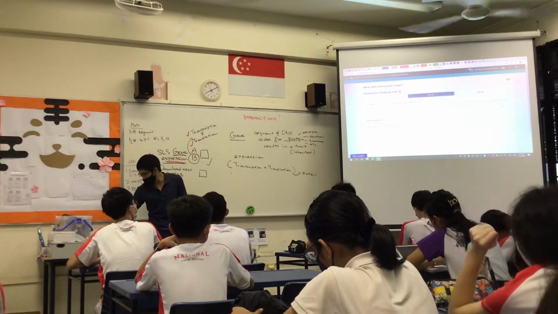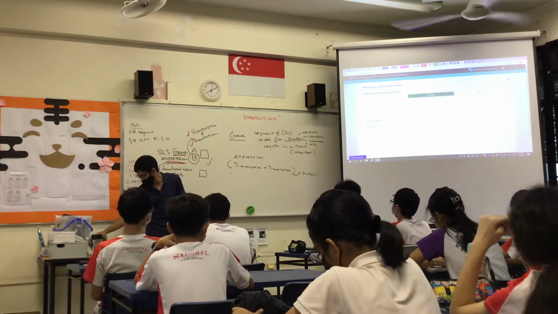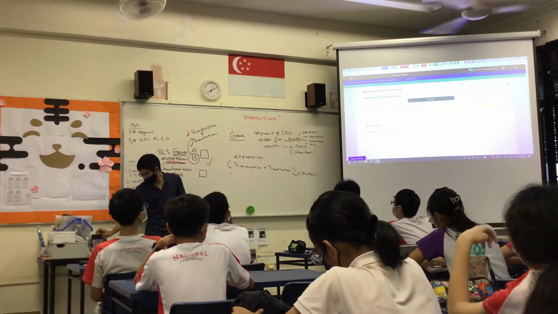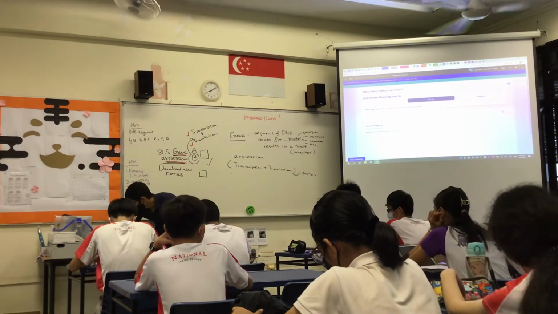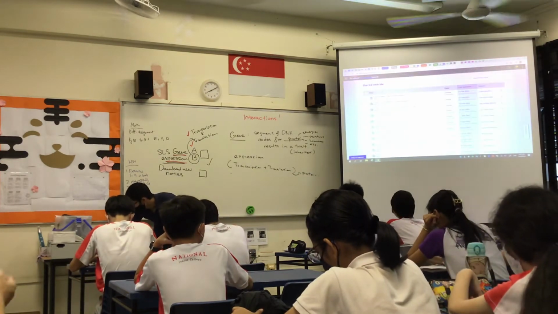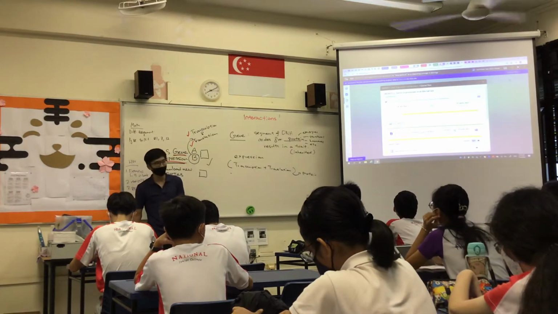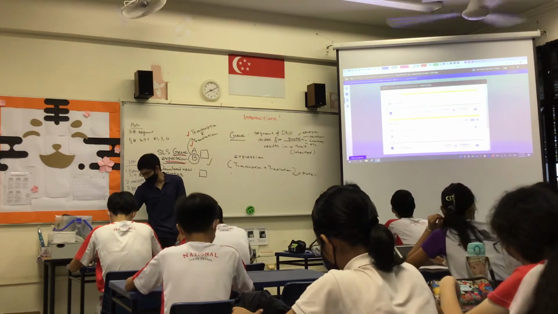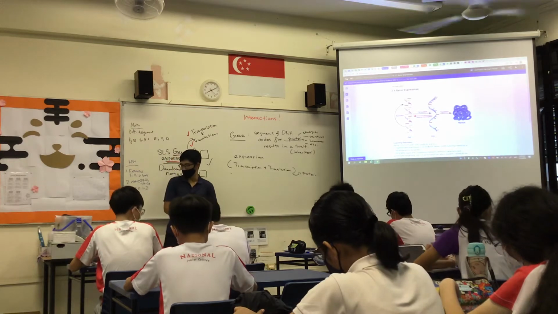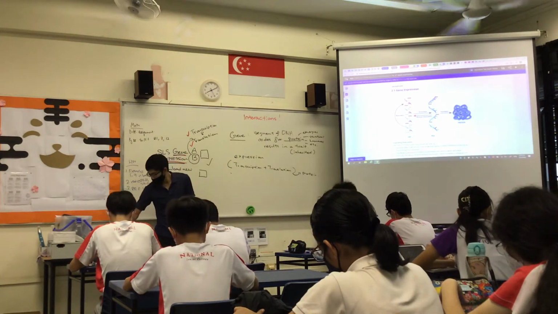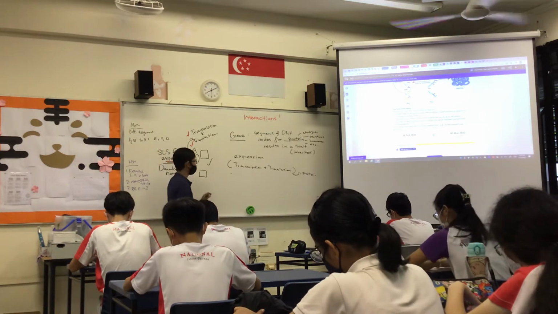Next up, let's go to part B. Can you go to part B of this chapter? Top right hand corner, you see the family tree. Then go to part B. We're going to dive into gene expression right now. We spend some time reading the learning outcomes first, what we're going to do.